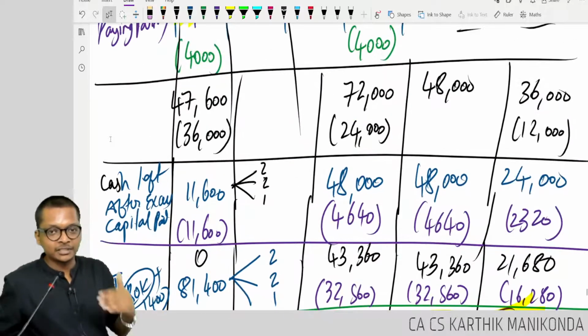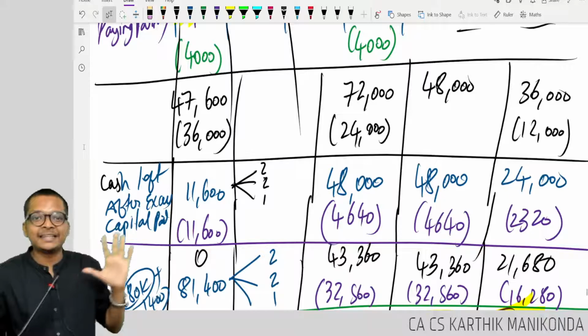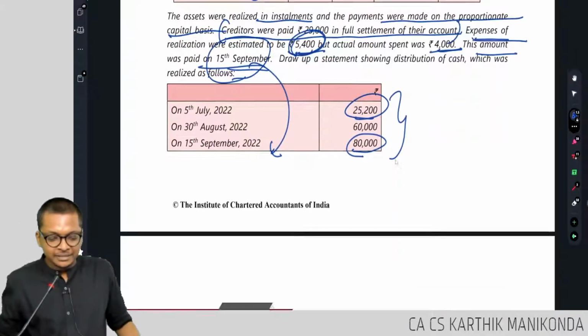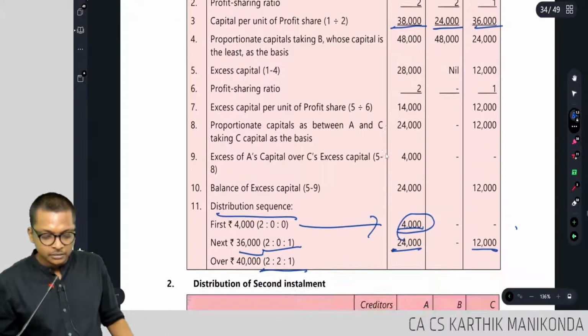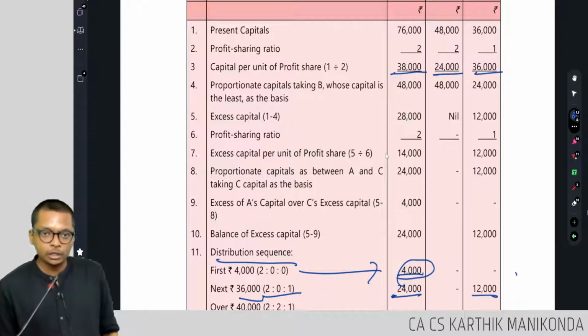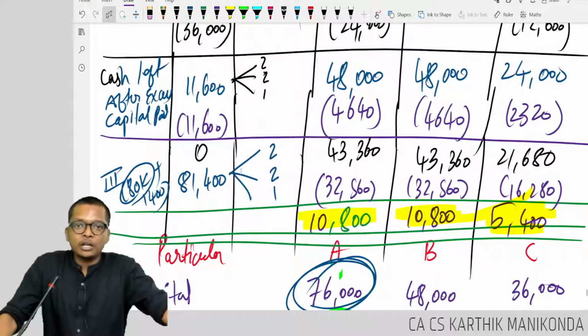We used to have such sums. Every installment we will remove 1%. Like that they will complicate here and there in expenses. Otherwise, the core concept of this one will remain the same. This is not going to change. Which one? This table. This one is the new table, correct? This will not change.